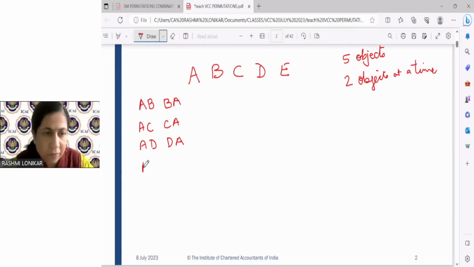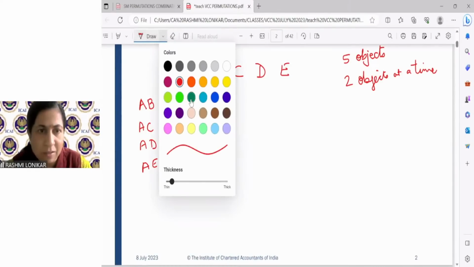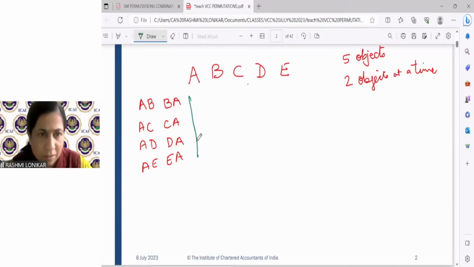Then I can have AE and EA. Then after this, I can start with B. If I have B, I can have AB already.